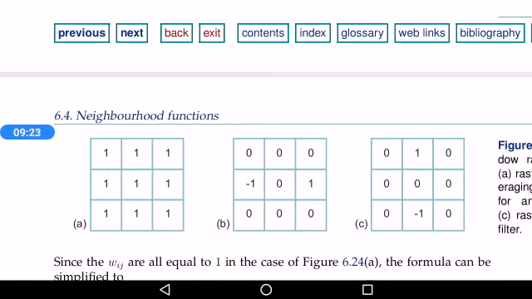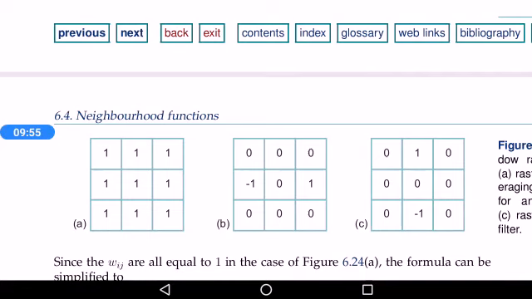There are 9 cells since it is a 3x3 raster, and each one of them has been given equal weight in the computation of the filtering step. So whatever the input raster values, they will be given equal weightage if they pass through these 9 cells. If you look at figure B, the weights are different, and similarly in figure C, the filter has different weights.